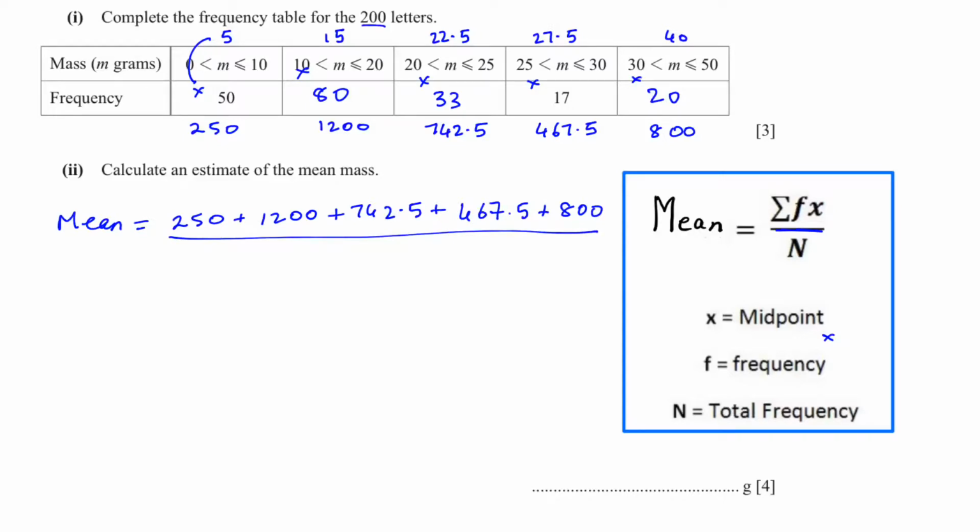The total frequency is 200. When we put the whole thing in the calculator, we get 17.3 grams. So that is our mean. You really should know this question very well because it's an oft repeated question and it's for 4 marks.